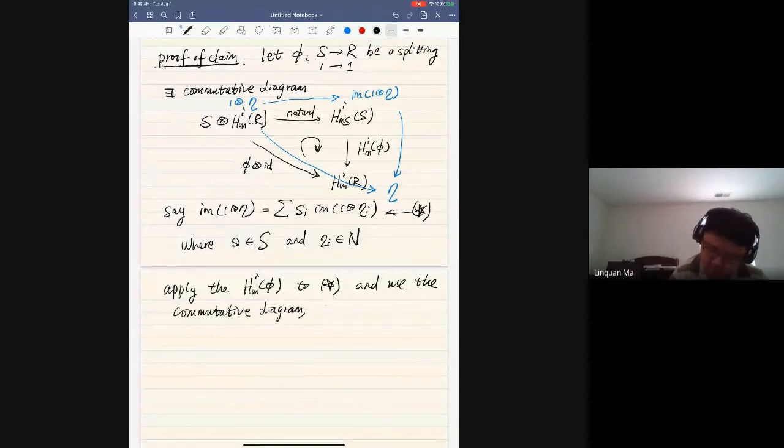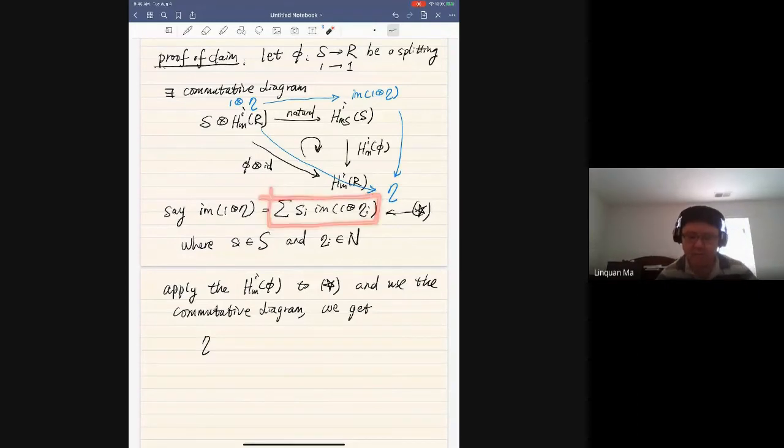So we get, of course, on the left-hand side, I just get back eta. So what about the right-hand side? I apply H^d_m of phi, but it's S linear, so I can pull this out; this is the image of s_i tensor eta_i. Applying H^d_m of phi is the same as applying phi tensor identity to s_i tensor eta_i.